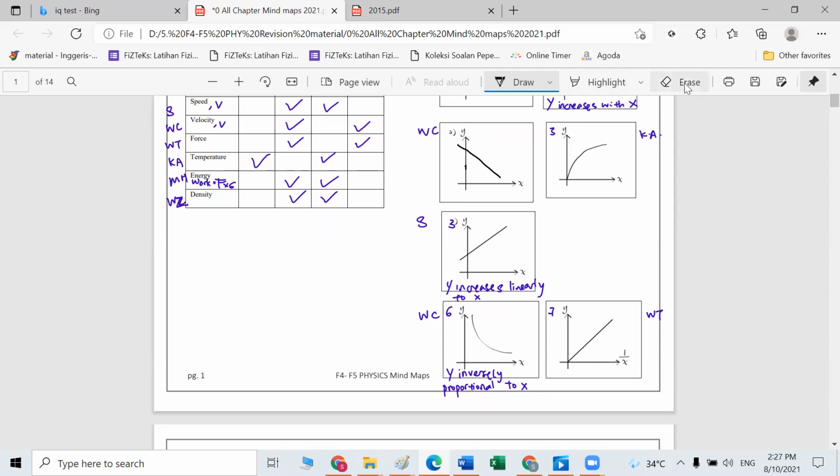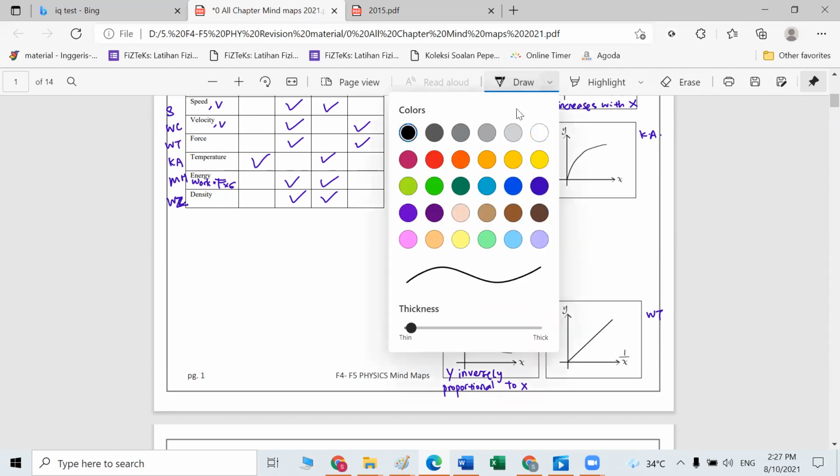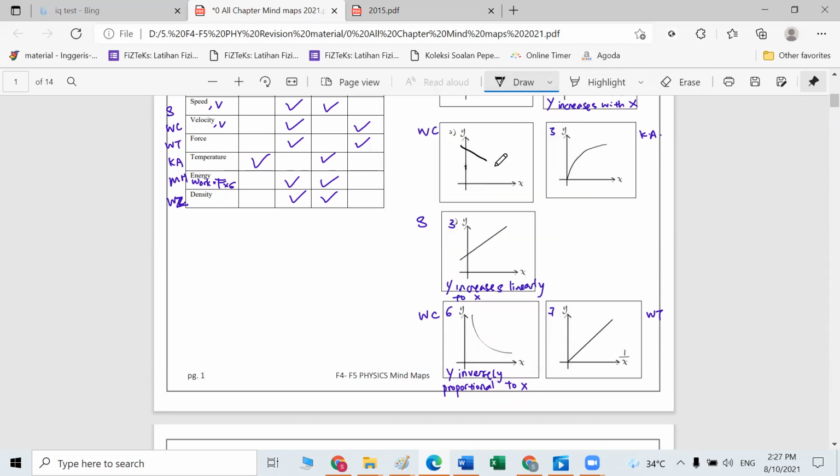Straight line going down. Wait, don't be lazy.